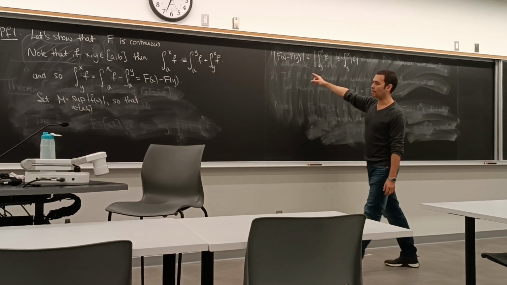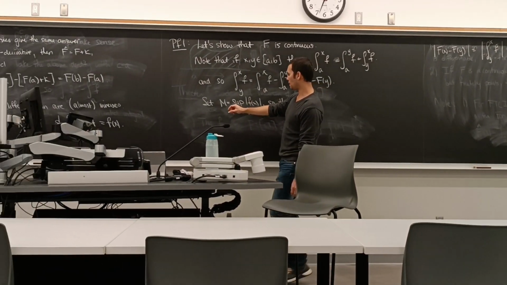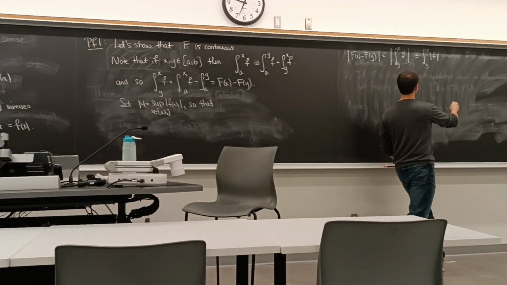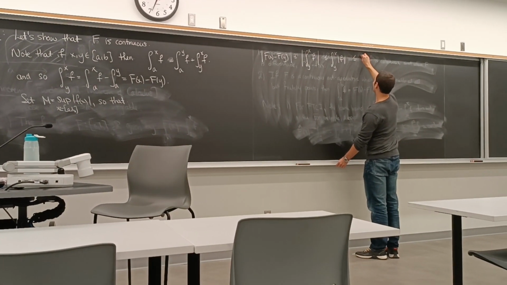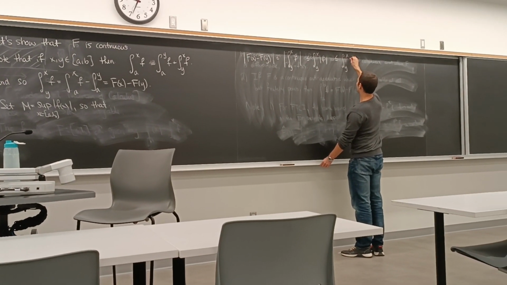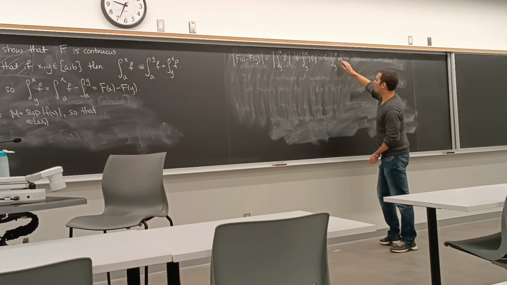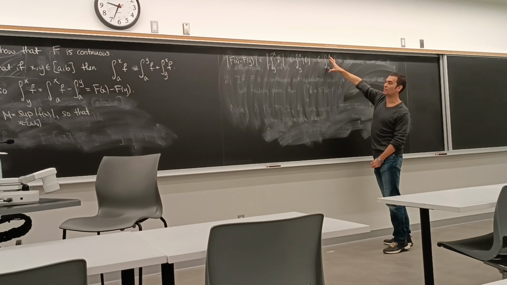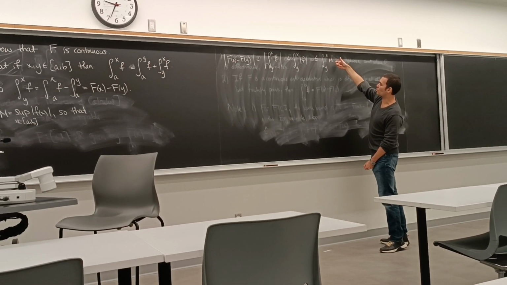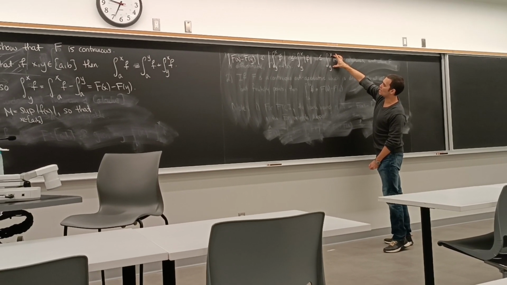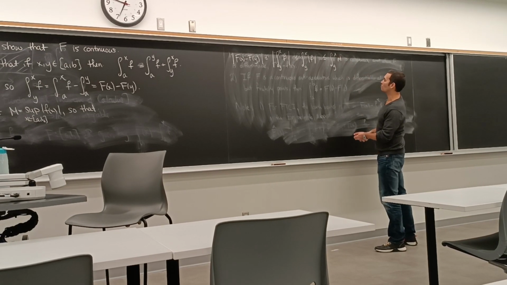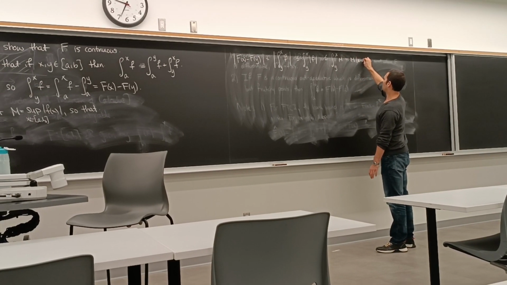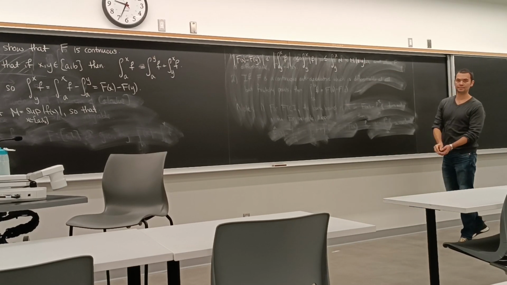Now, the absolute value of f of x is always less than or equal to M. This is a constant, so if I pull that constant out, I'm just computing the area of this rectangle whose height is M and whose width is x to y. So this is going to be less than or equal to M times the absolute value of x minus y.